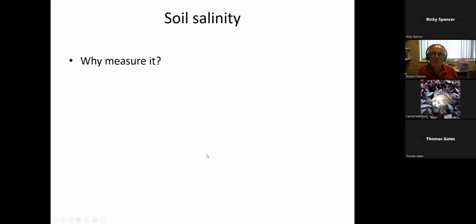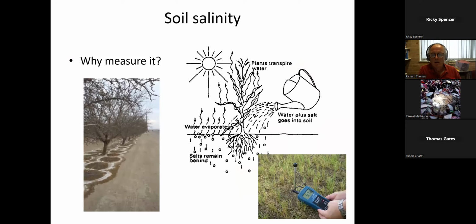Why do we want to measure the soil salinity? Well, when we water plants, they transpire, water evaporates, and that means that even if low level salinity was present in the soil with which we're doing the irrigation, because we've got constant evaporation, the salts are accumulating behind.